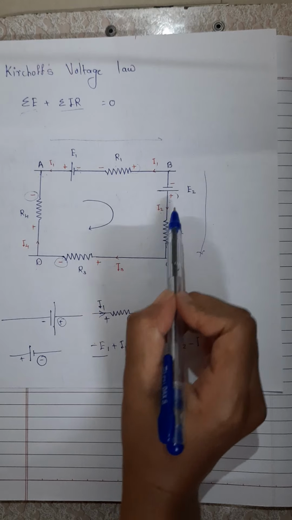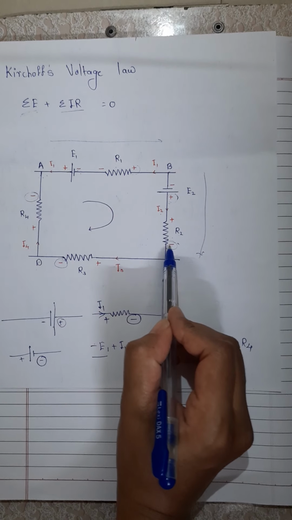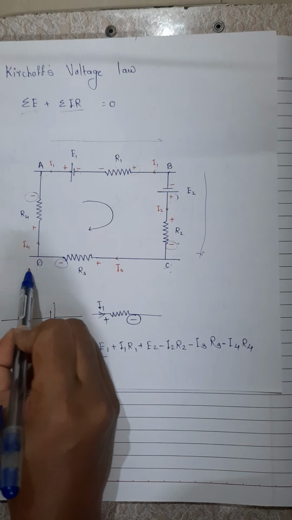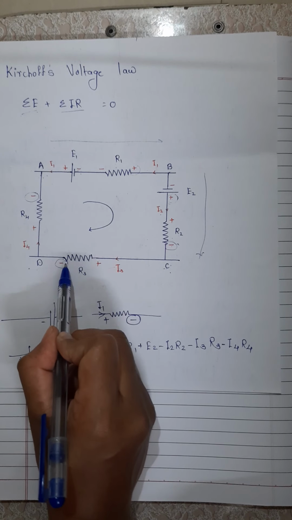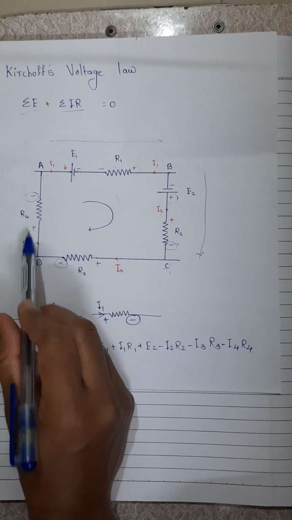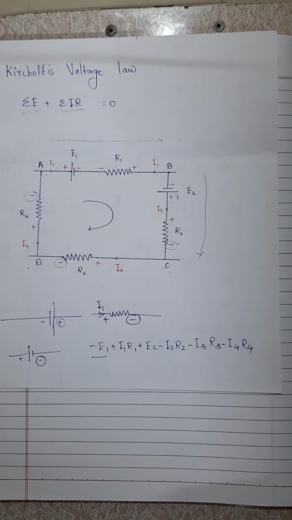Then E2 is positive because there is rise in potential, and I2 R2 is negative because it is fall in potential. Then C to D, I3 R3 is taken as negative because there is fall in potential, and I4 R4 is taken as negative because there is fall in potential.